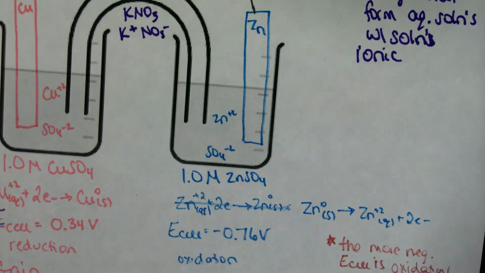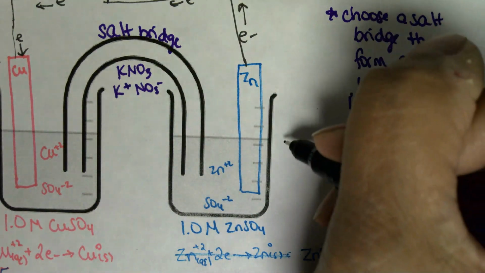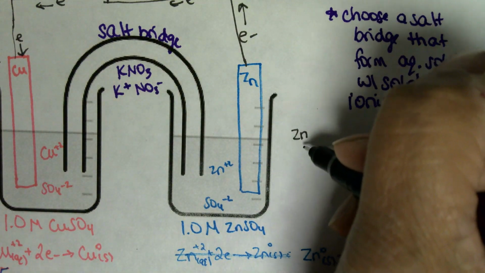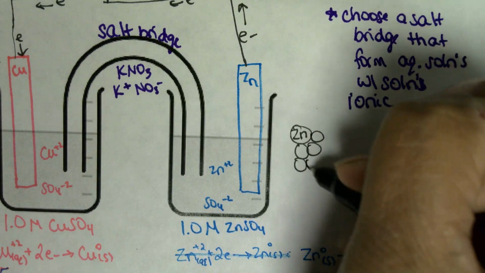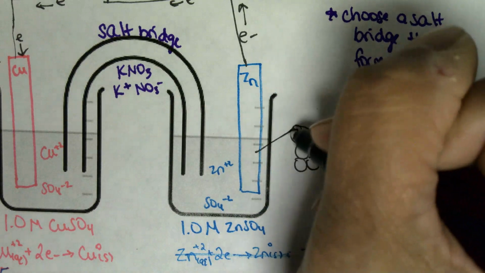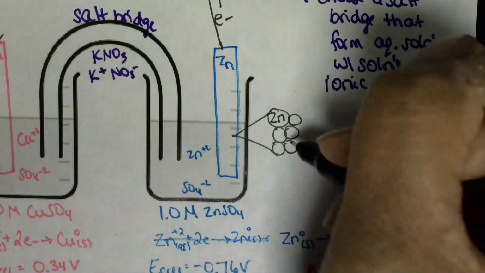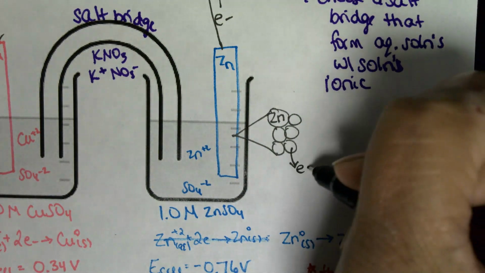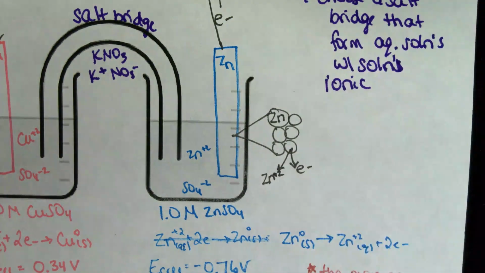Conversely, over here, because electrons are leaving this electrode, that means that when you had zinc atoms on this electrode, these zinc atoms are then losing an electron and therefore becoming a zinc ion in solution.